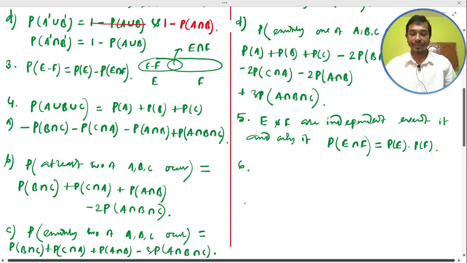Number 6. The probabilities of occurrence of n independent events are P1, P2, ..., Pn.